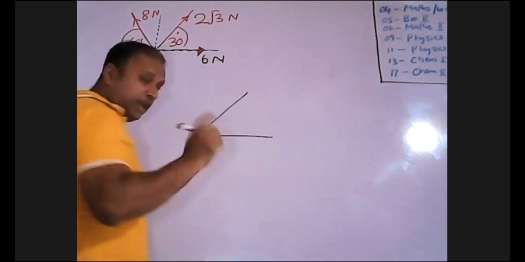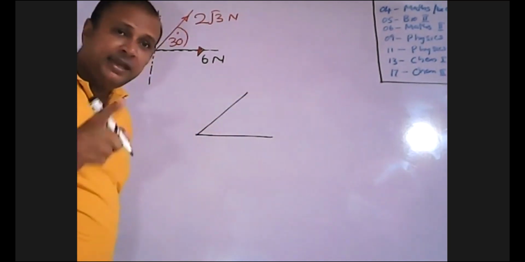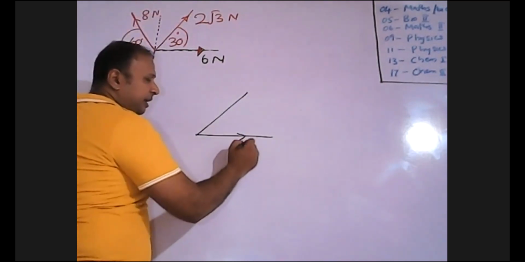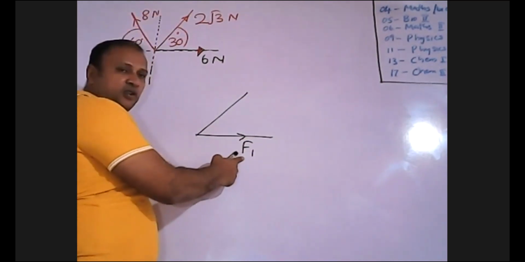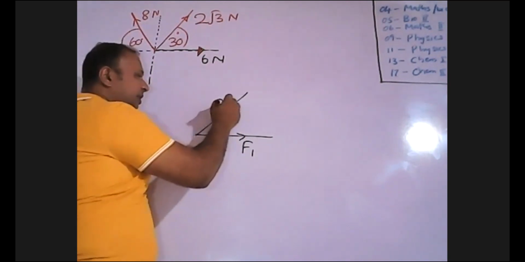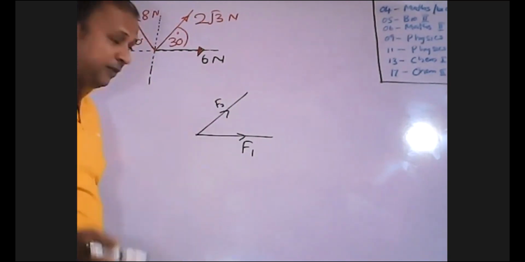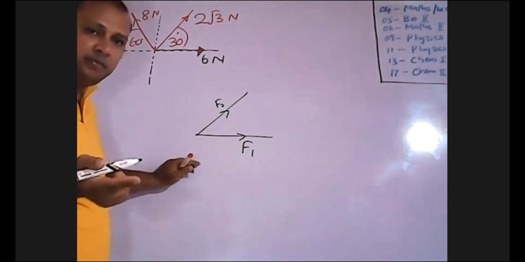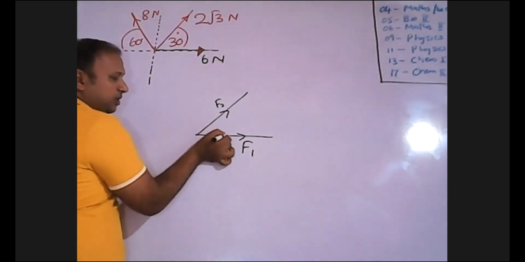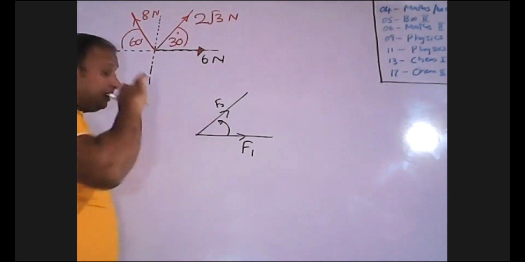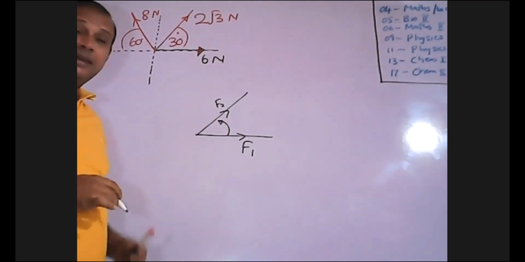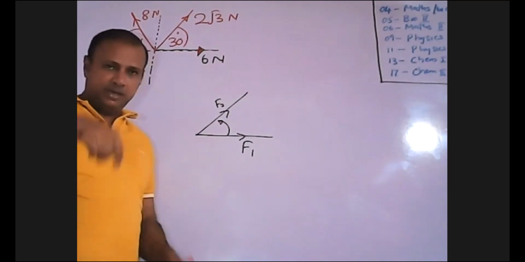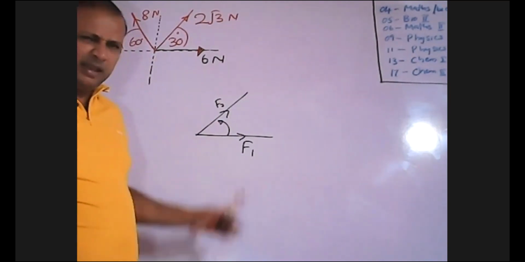So if you are given F1 force and F2 force, and the angle between F1 and F2 is 60, that means you have to measure it in the anti-clockwise direction. That is the rule.